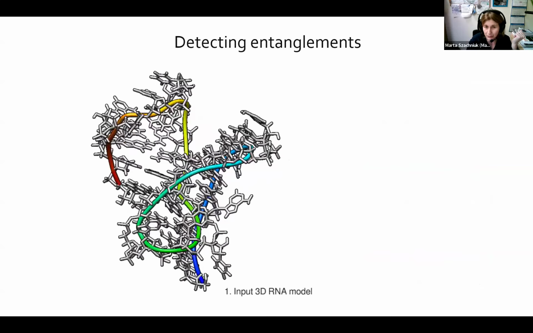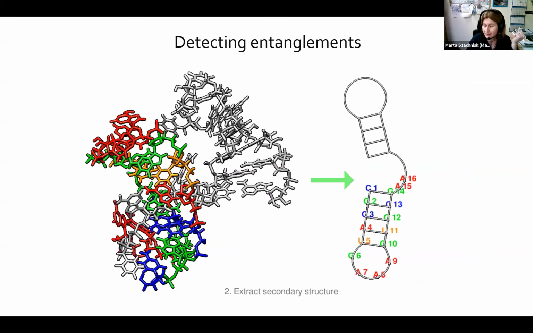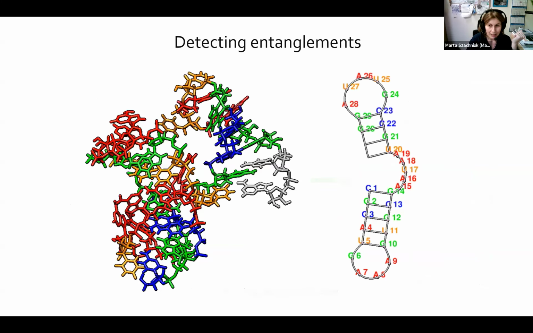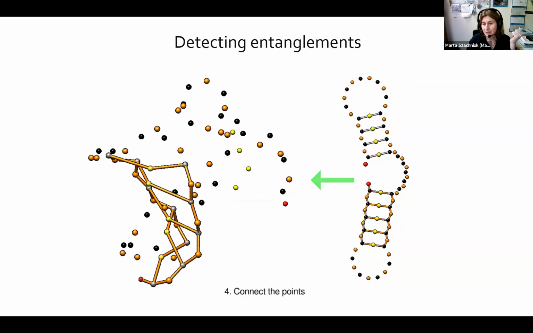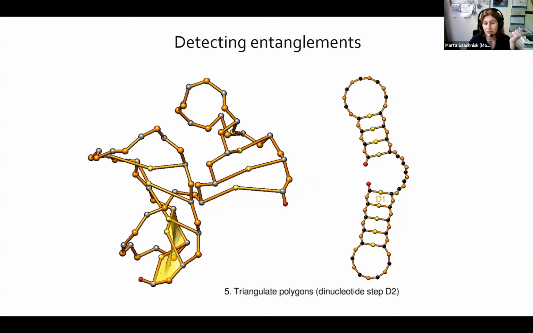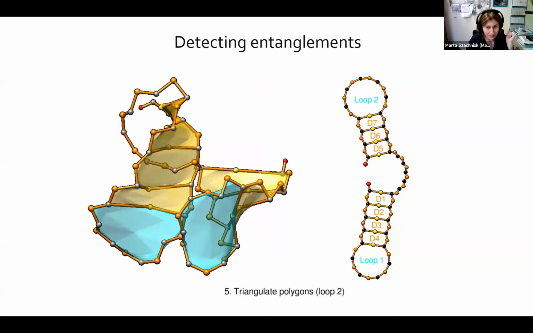Okay. Then we implemented a procedure that can detect entanglements of structure elements in an automated way. And this is how it proceeds. First, with a 3D model we have, we coarse-grain the model, and we select pseudo-atoms and atoms in the structure, and we build the polygon chain going through these atoms and pseudo-atoms.